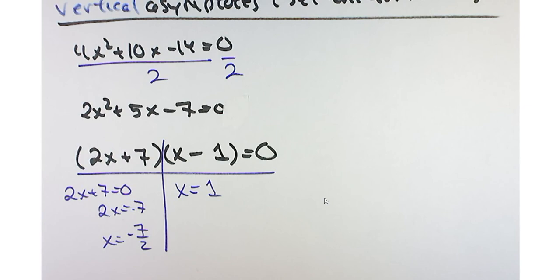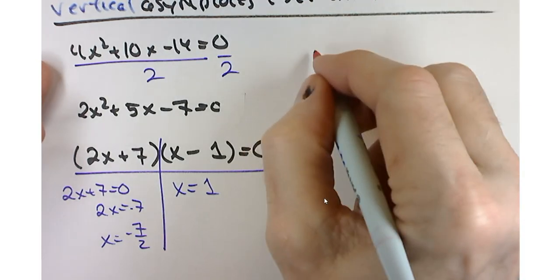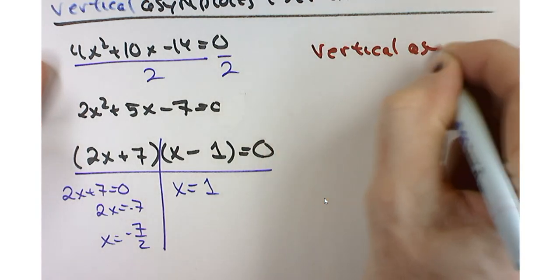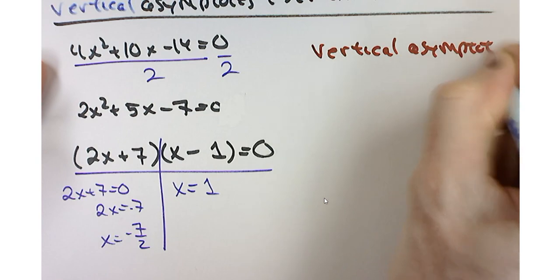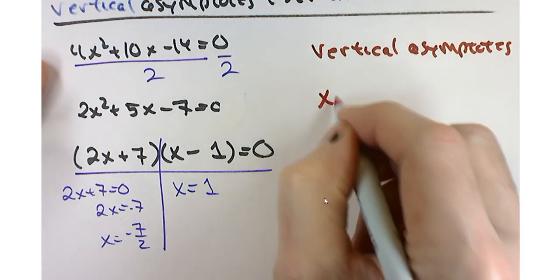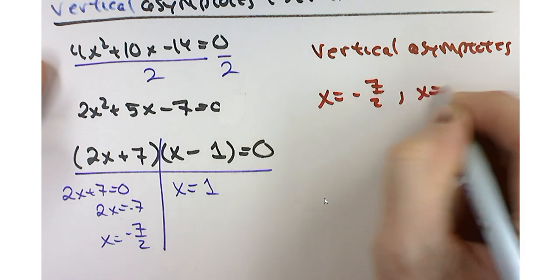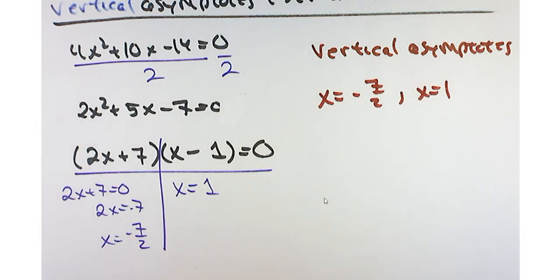And that tells us a couple things. So first of all, our vertical asymptotes would be x equals negative 7/2 and x equals 1.